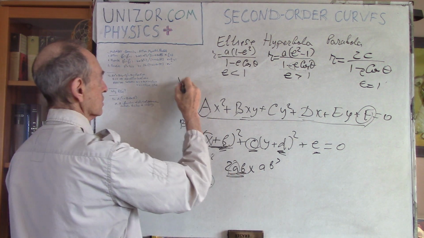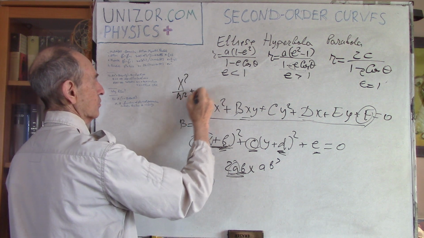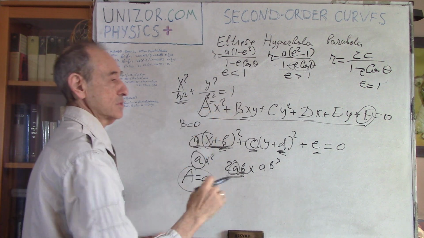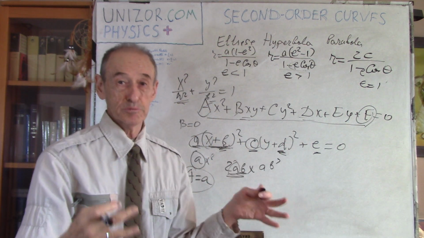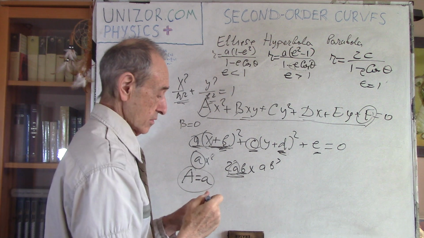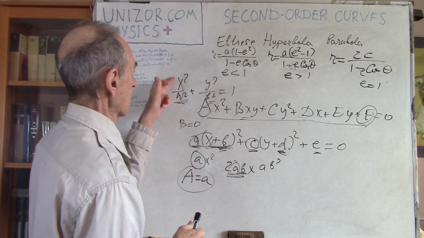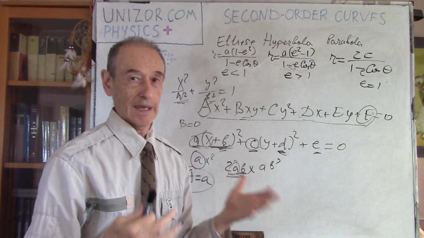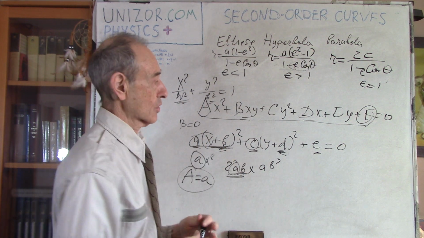If this is the equation x squared divided by a squared plus y squared divided by b squared is equal to 1, and I change a and b, the ellipse would be changed, but it will still be ellipse. So that's basically the point. Proportional change of x and y doesn't really change any character of the curve.